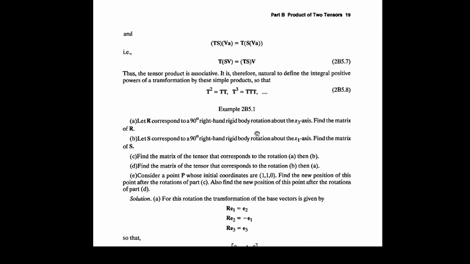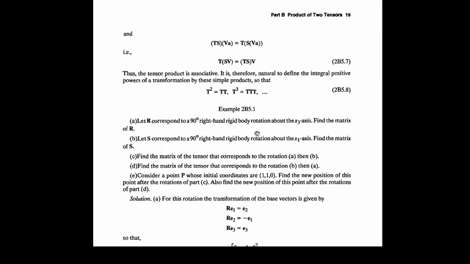Now in general RE1 will be equal to E1 into cosine of angle between E1 dash and E1. Along x1 axis you have E1, along x2 axis you have E2, and after rotation about x3 axis with an angle theta, we have E1 dash and E2 dash. So the angle between E1 dash and E1 is theta, and between E2 and E2 dash is theta.